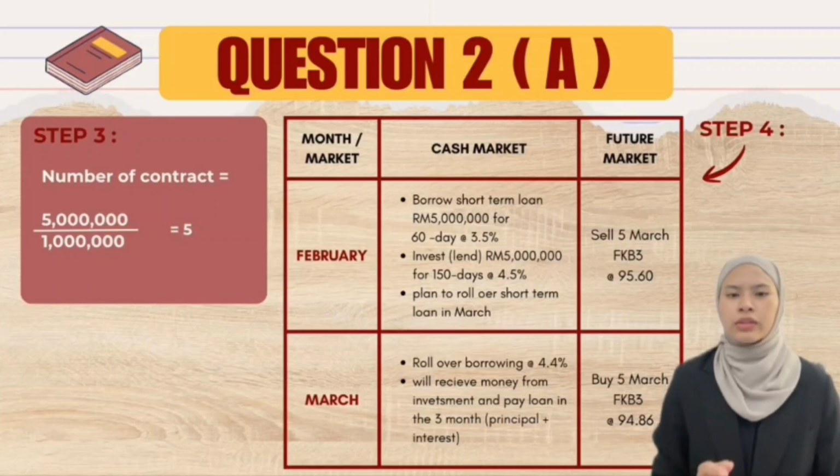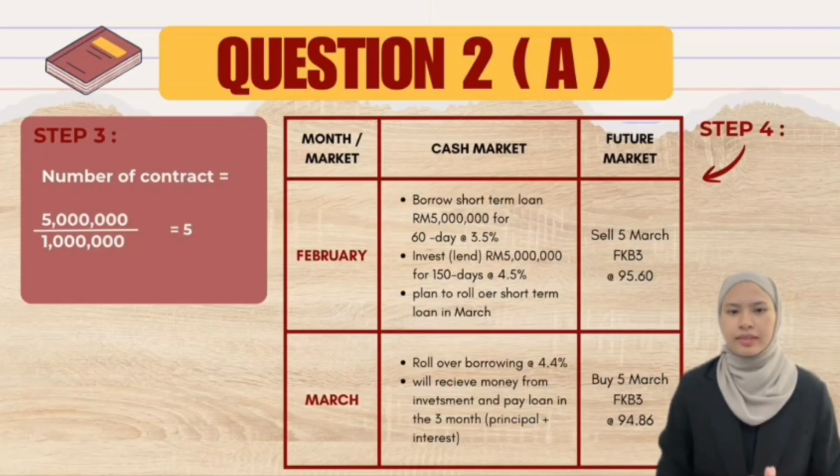To carry out the arbitrage, the dealer should first borrow 5 million ringgit for 60 days at 3.5%. At the same time, the dealer lends 5 million ringgit for 150 days at 4.5% to earn a higher return. In the futures market, because the futures contract is overpriced, the dealer should sell 5 March CLIBOR futures contracts at the current price of 95.6.